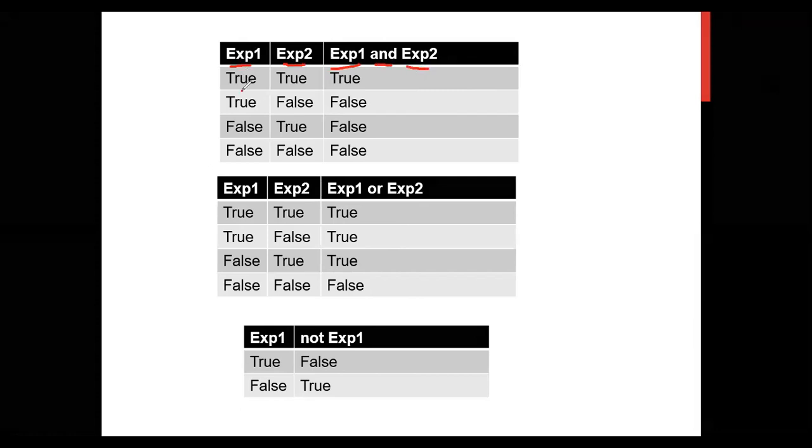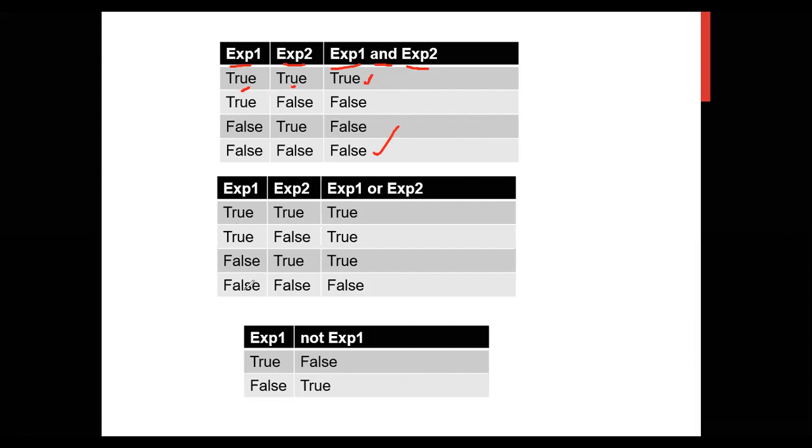If the first expression is true and the second expression is true, then after applying and on the two expressions, we get the result true. True and false gives false, false and true gives false, false and false gives false. This is the logical AND operation. Now the logical OR operation: expression 1 or expression 2.